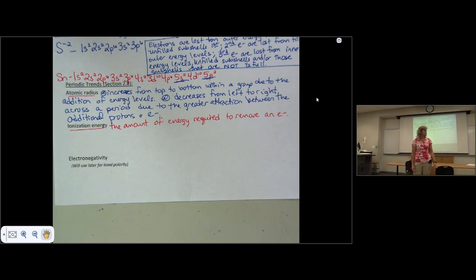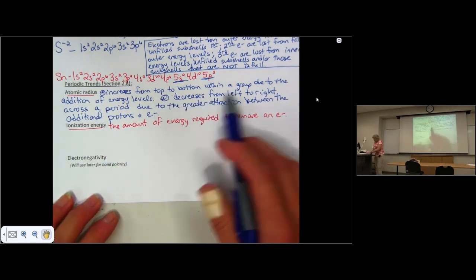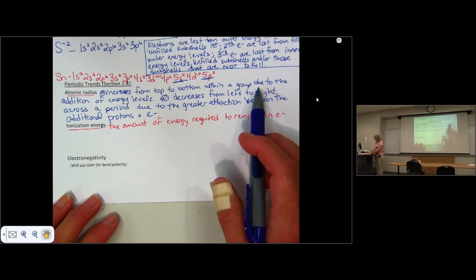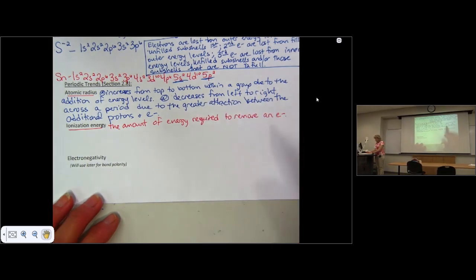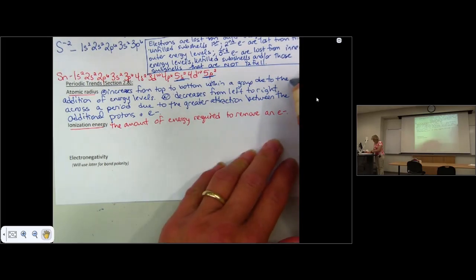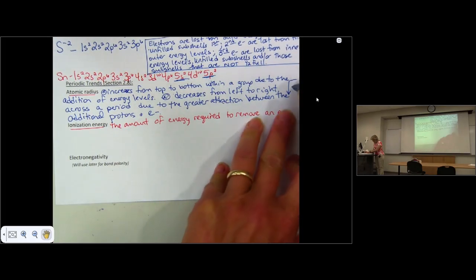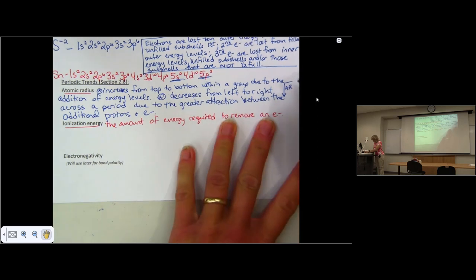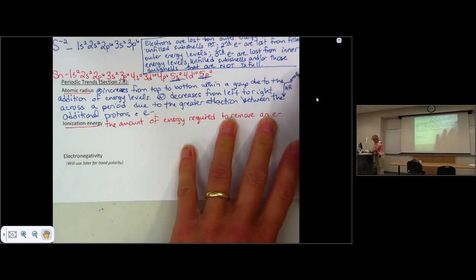Look at your trend. What's your trend? Read your trend. Increase from top to bottom within a group, decreases from left to right. Let me show you a picture. Maybe this will help you figure it out. This is a picture of atomic radius. Small, big.